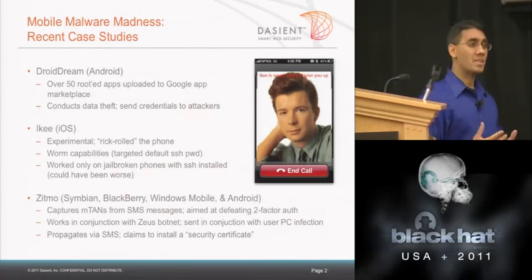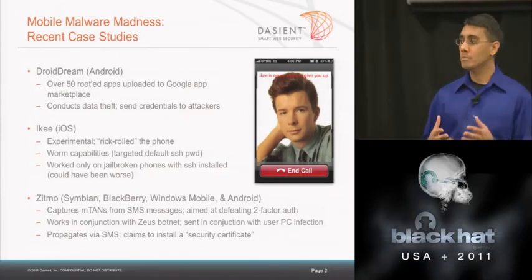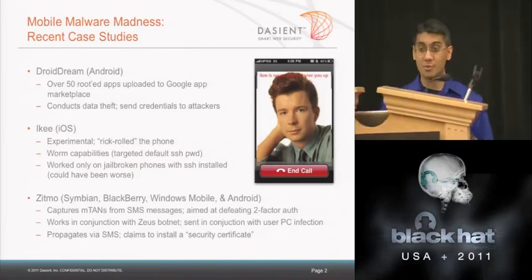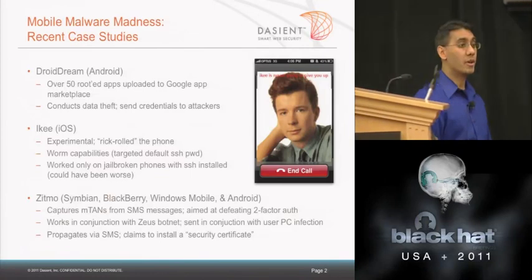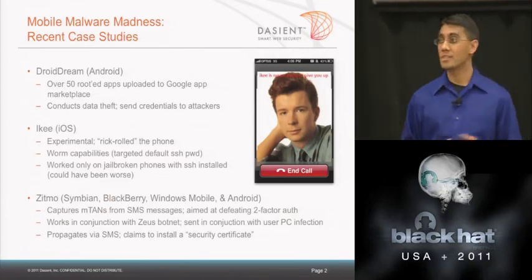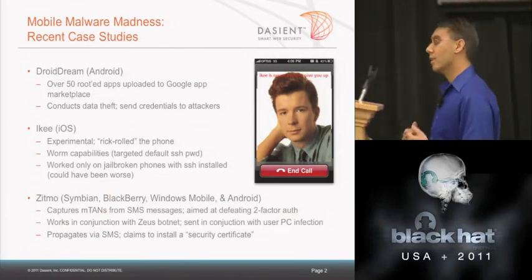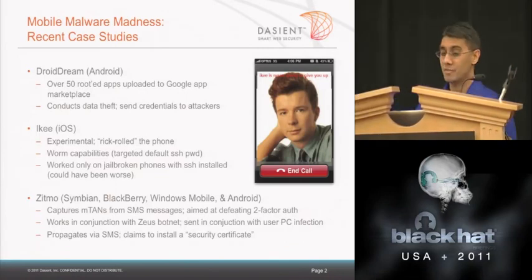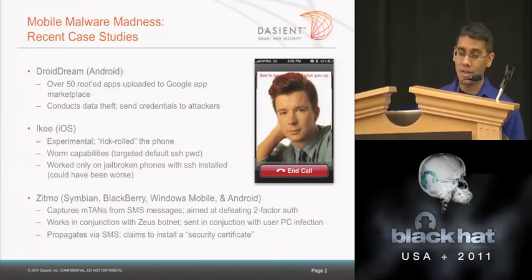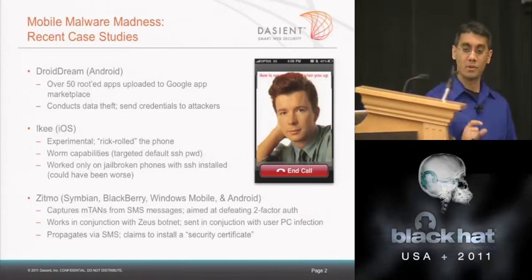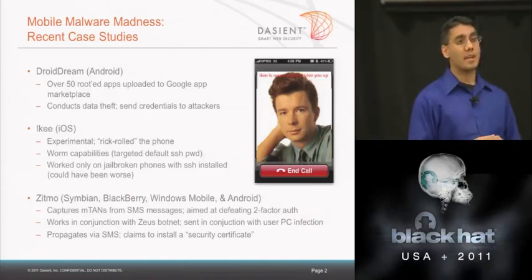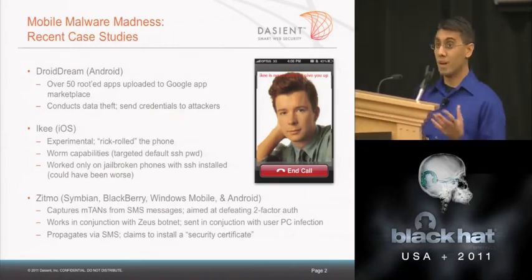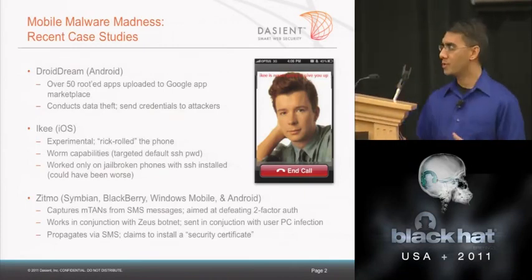One of the things that I should mention is that every major mobile operating system has had malware attack it. This particular attack was against Android, but by no means are iOS and the iPhones inherently resilient to these types of attacks. I'll talk a little bit about Ikee and then talk about Zitmo as well. Ikee was a piece of malware that affected jailbroken iPhones, I think mostly in Australia.